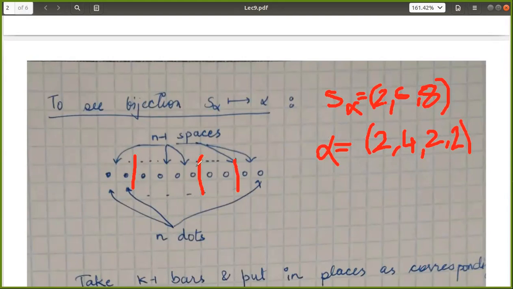If the bar is here, it is here. It cannot have been the case that this is here or here, right? Yes. So this way, there is a bijection from S alpha to alpha also. So it's a two-way bijection.